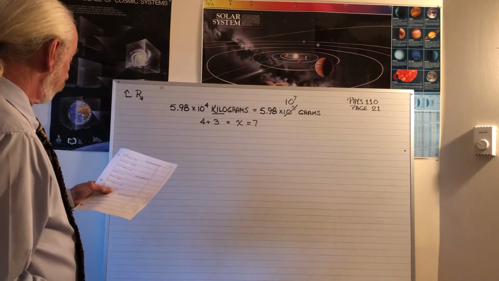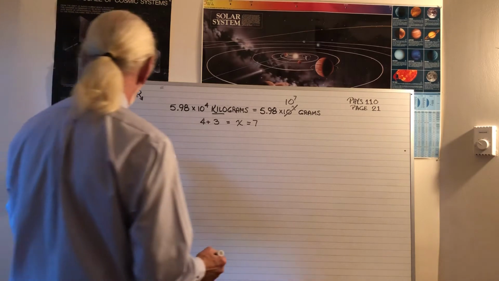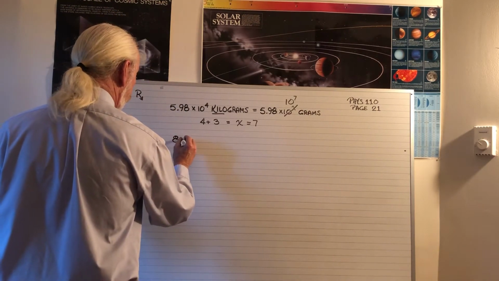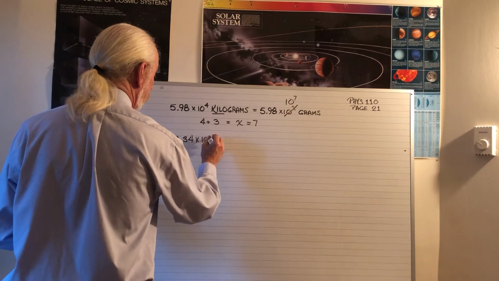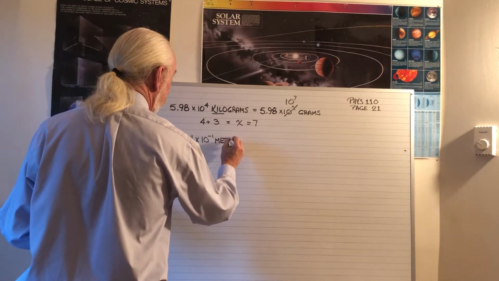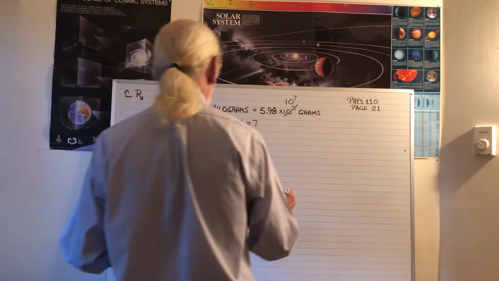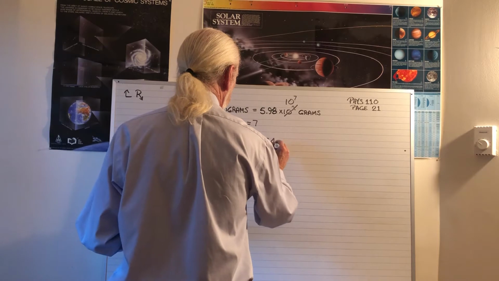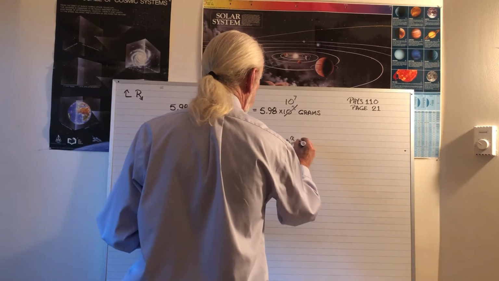The next example is 8.34 times 10 to the negative 1 meters. And I'm going to convert that into centimeters. So that'll be 8.34 times 10 to the I don't know centimeters.